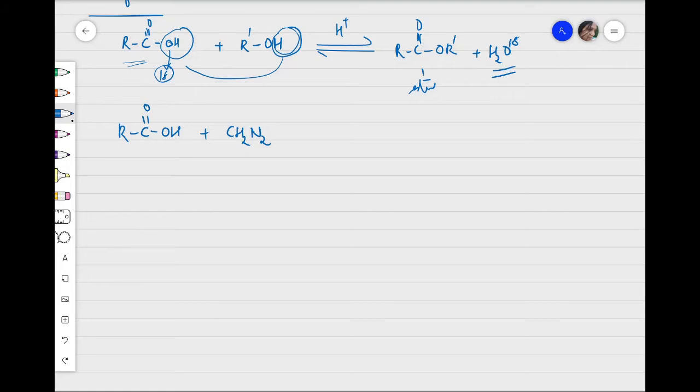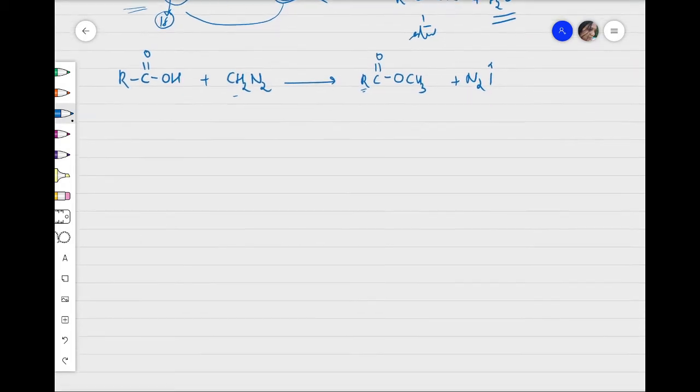This is diazomethane, and here I will get again RCOOCH3, a methyl alkanoate, whatever is the alkyl group that you have taken. Here nitrogen is evolved. If you take the example of acetic acid, I would have got methyl ethanoate.